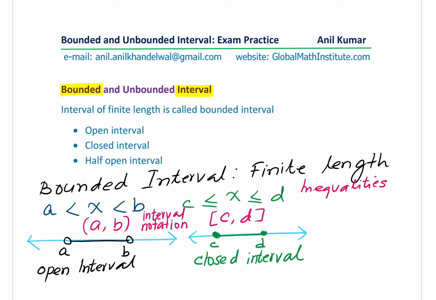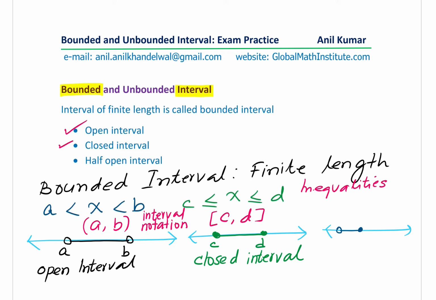Now, since we have talked about open interval and closed interval, it is good time to also talk about half open interval. So what does that mean? Well, as the name suggests, we could have something like this on a number line where we could say that one side is not included, but the other side is included, right?